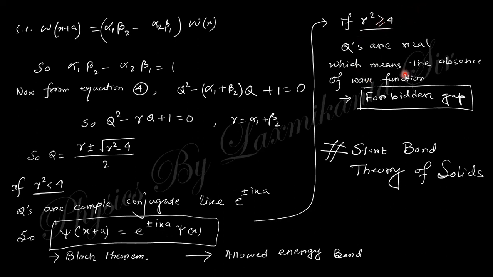Real means there is no wave function, because you know for a wave function there must be a complex, because a complex can be written as a summation of sine and cos. So these are forbidden. And you can see these energy levels are allowed because this wave function can be for the electron.